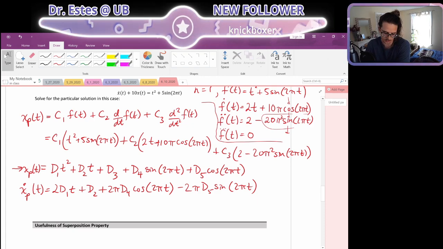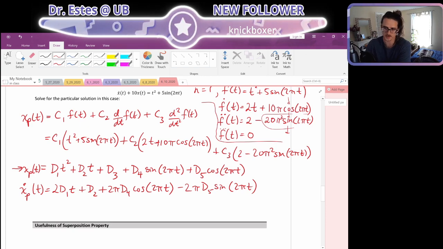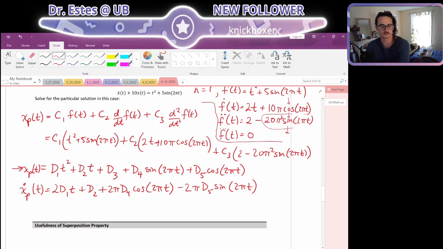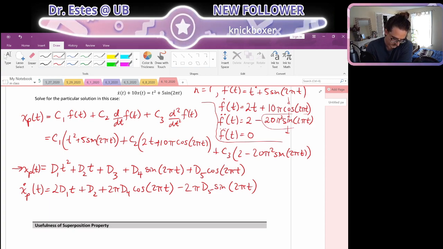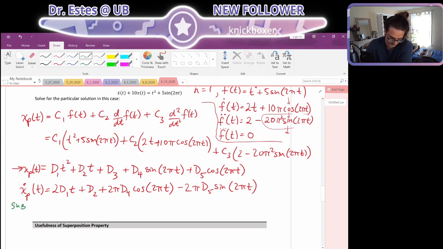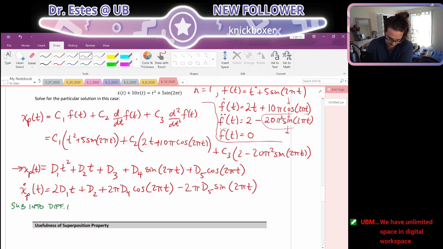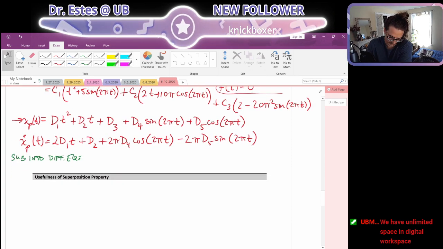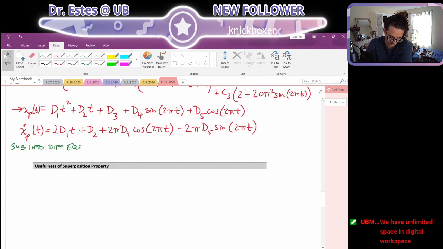Okay, so we're going to plug this monster into the original differential equation. Maybe I'll change colors just so it looks a little separate. I think I'll take over this space down here as well.